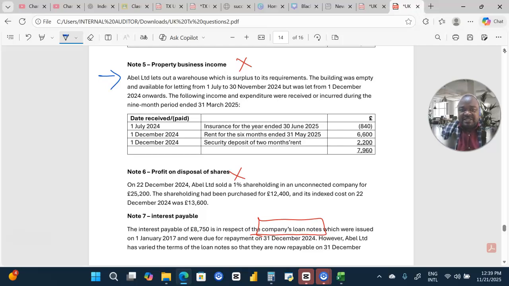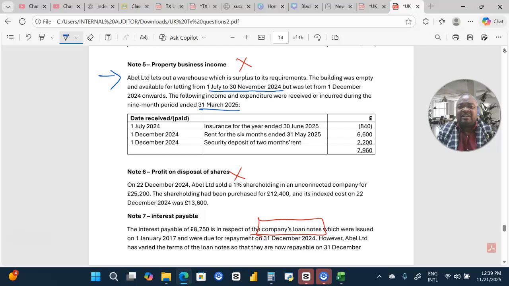The building was empty and available for letting from 1 July to 30 November 2024, but it was actually let from 1 December 2024 onwards, up to the year end, which was 31 March 2025.